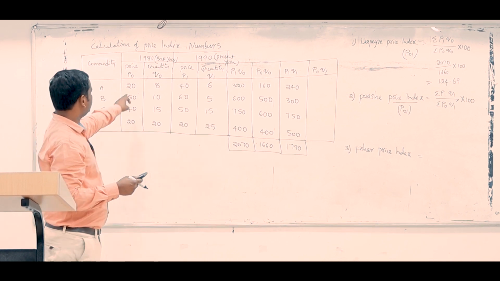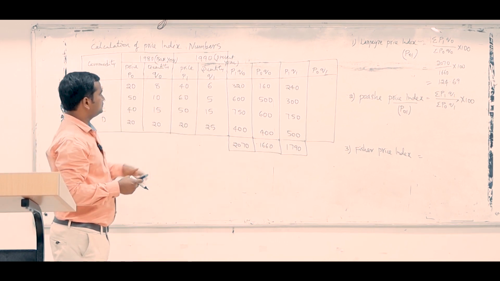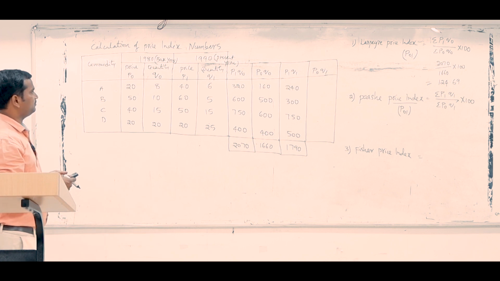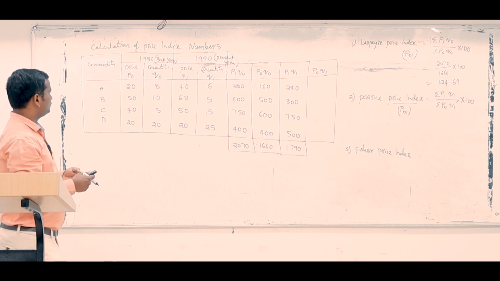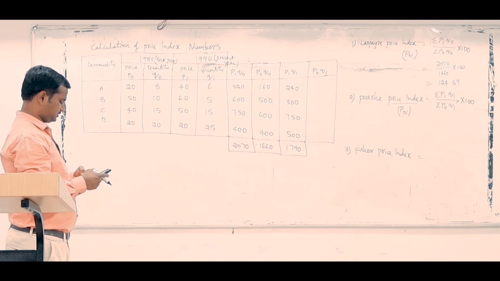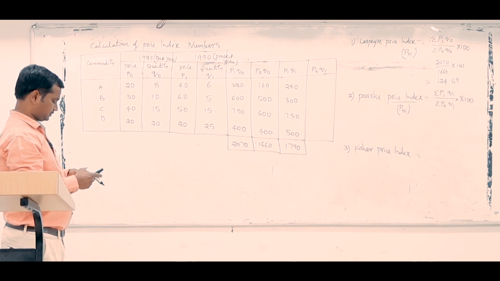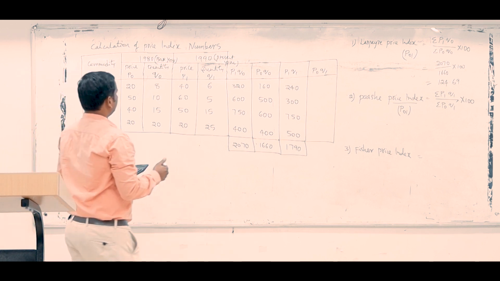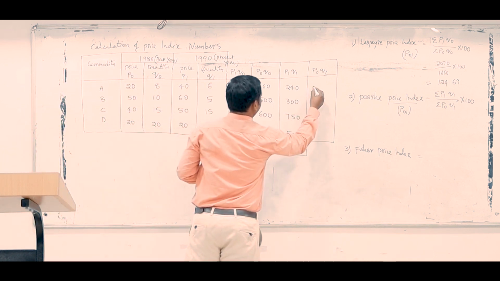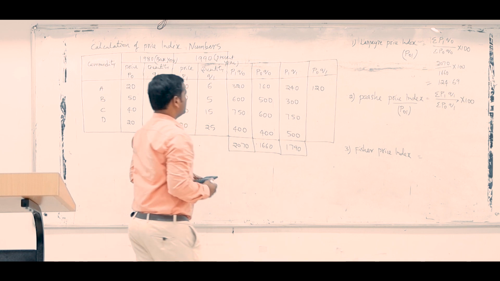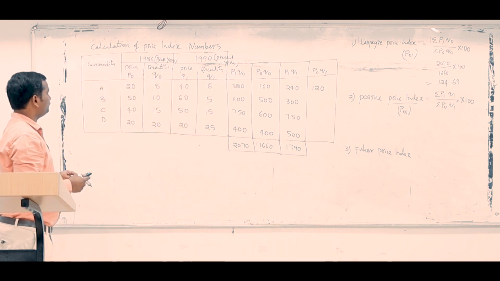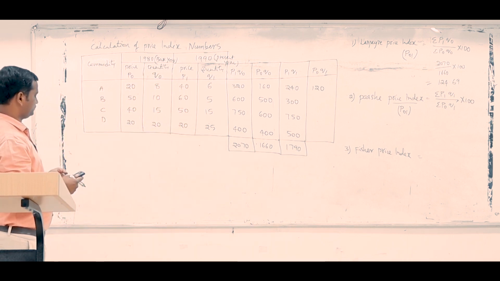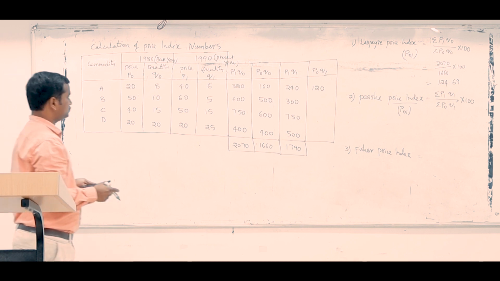So P0 is here, Q1 is there. So those two things we should multiply. So first one is 20 into 6, 120. The second one is 50 into 5, 250.